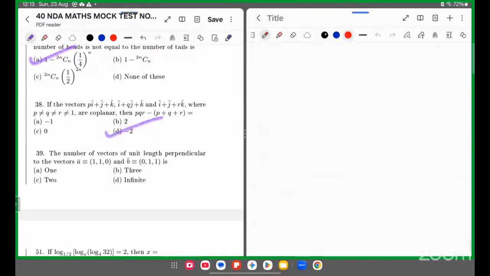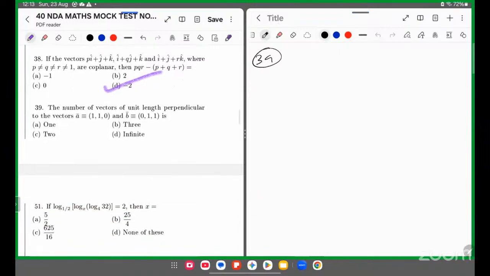Question number 39. The number of vectors of unit length perpendicular to the vectors. A vector perpendicular to both vectors means A cross B. If it is unit length, we have to divide by the magnitude also. So first of all we find A cross B. What is A cross B?